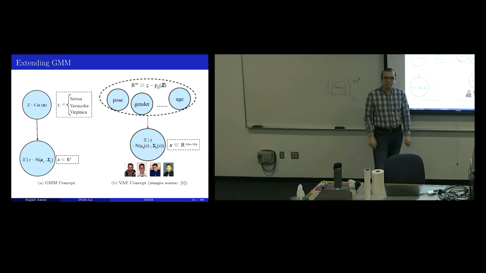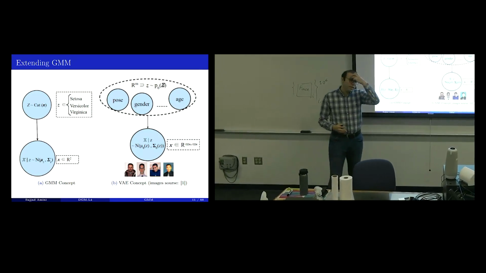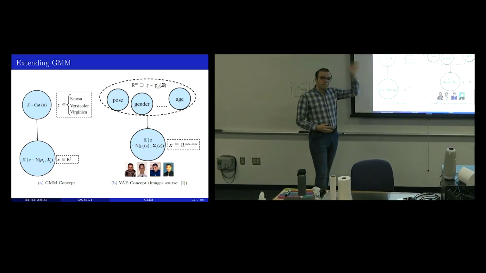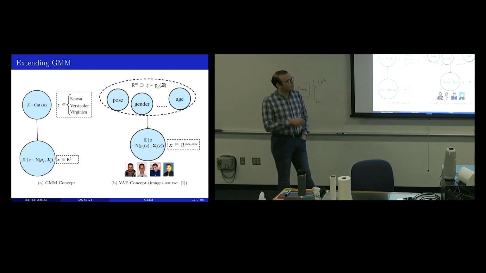It is continuous because we want to have much more flexibility than GMM. Okay? Any question about the concept and how it is supported by the idea of the latent variable?